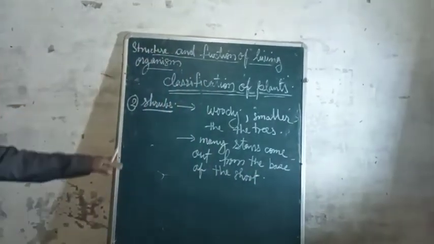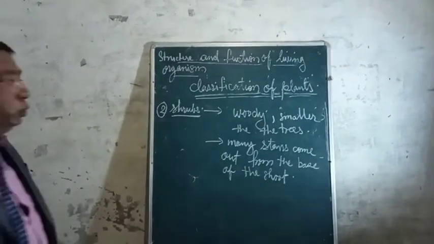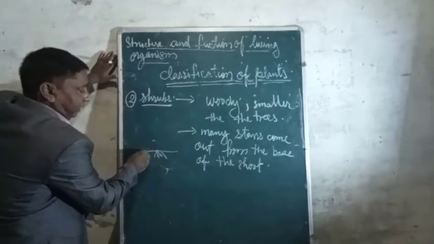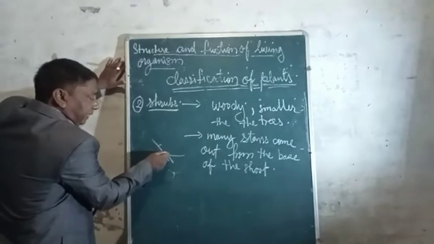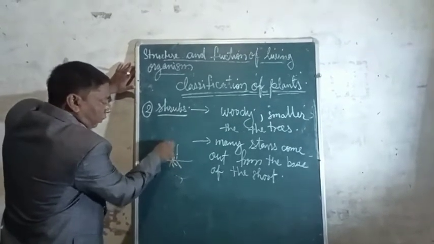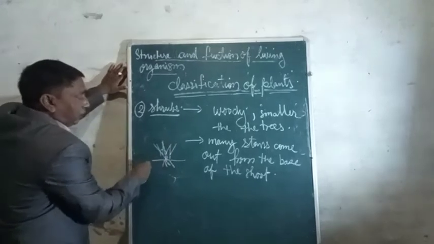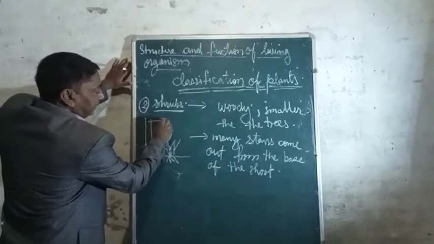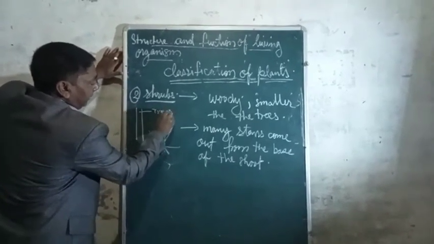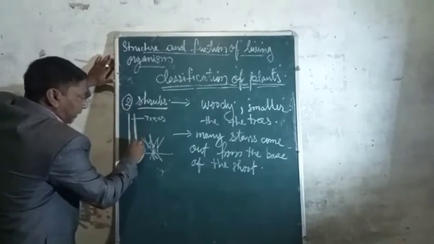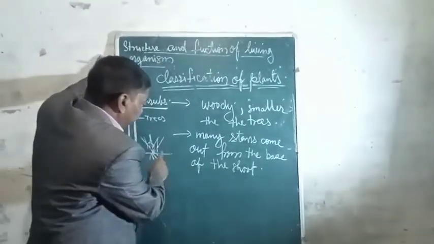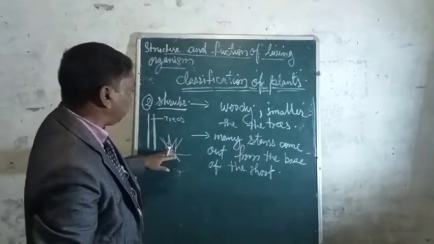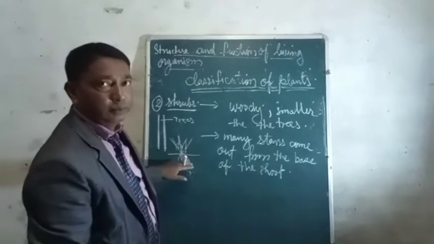Okay, so many stems come out from the base of the shoot. Suppose this is the root and this is the ground. Many stems will come out from the base of the plant. In trees there was only a single stem, what we call the trunk. But in shrubs there will be a number of stems coming out from the base of the shoot. This is the difference.